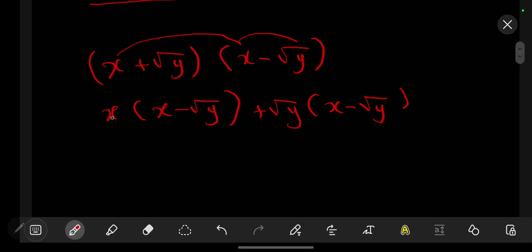So this way we have x times x, we are going to have x squared. Then x times the square root of y will be negative x square root of y, it doesn't enter inside if it doesn't have the root y. Then y times x, the x will be outside, then we have the square root of y, then minus, we have y times y, it will be y squared.